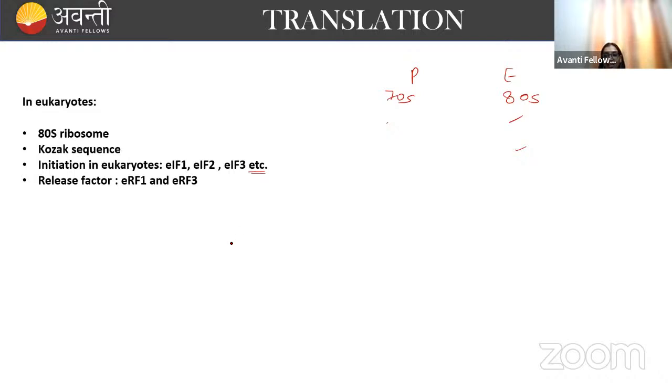Just try to understand the concept of how the tRNAs are coming and binding, and how the peptide bond is forming. And in eukaryotes, the release factors are eRF1 and eRF3. The role of eRF3 is not clear, but the role of eRF1 is in the recognition of the stop codon.